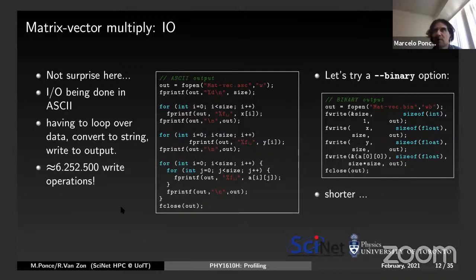So there's not really much surprise here to see that it could be a very expensive operation. What is surprising is that it takes way longer than the computation itself, maybe. Also, you may notice that the code in binary, but this may be an annoyance from the C implementation, is way shorter. So what happens if we try to run this code in binary?